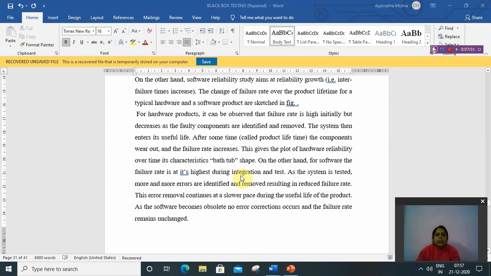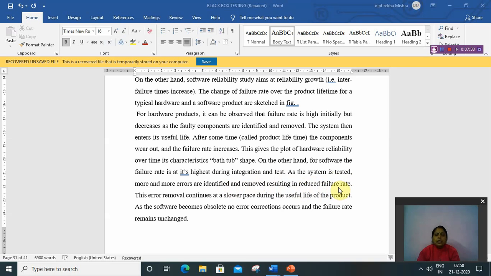But on the other hand, for software, the failure rate is highest during the integration and testing phase. This is the same as the hardware. At the starting stage of hardware and software, there is the highest failure rate. As the system is tested, more and more errors are identified and removed, resulting in a reduced failure rate.